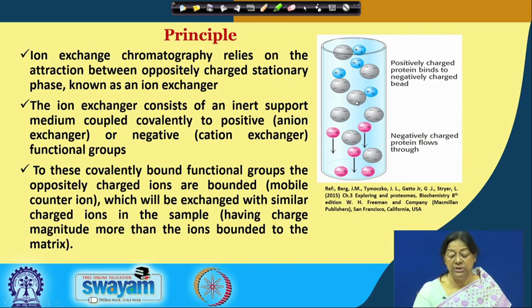Predominantly negatively charged proteins will be repelled by the negatively charged beads, and they will come in what is called the flow through. So, the negatively charged protein will flow through, but the positively charged proteins will be attracted to the polymer matrix, the cation exchange beads that we have. So, now we have some proteins that are attached to the polymer matrix, that is our bead.